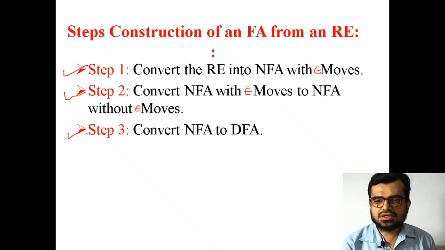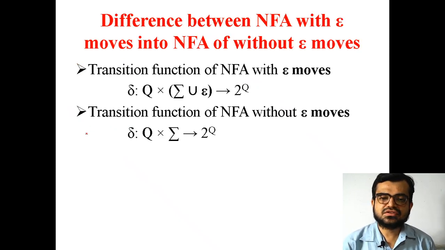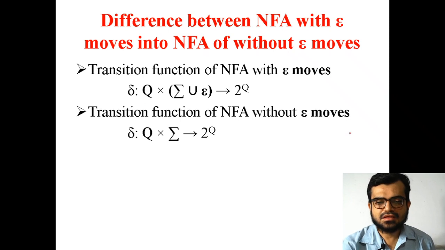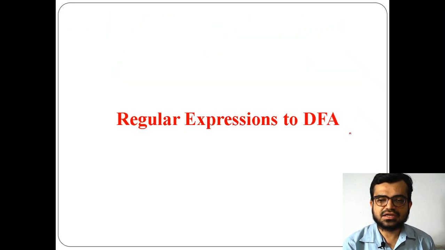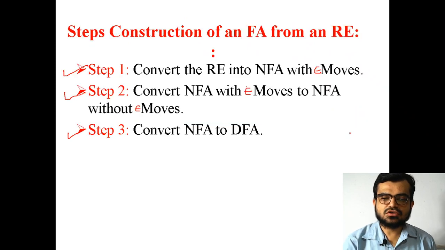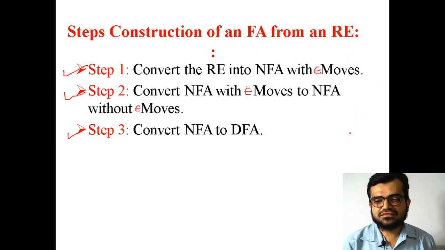So now we need to know the difference between NFA with epsilon moves and NFA without epsilon moves. If you know already, I have discussed NFA, right? Before I go with this process, first you need to understand the process on NFA and DFA.